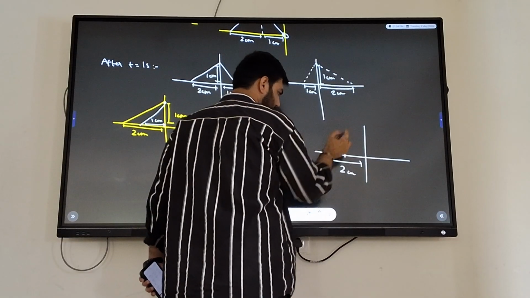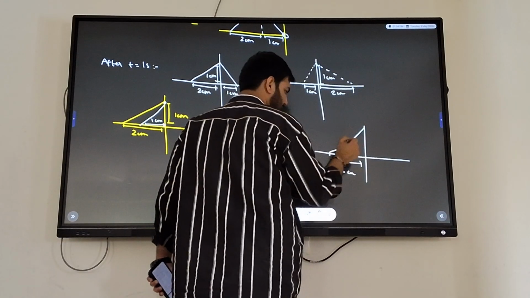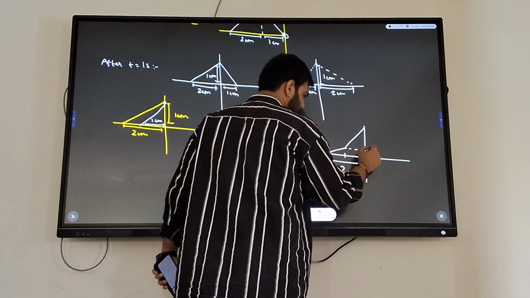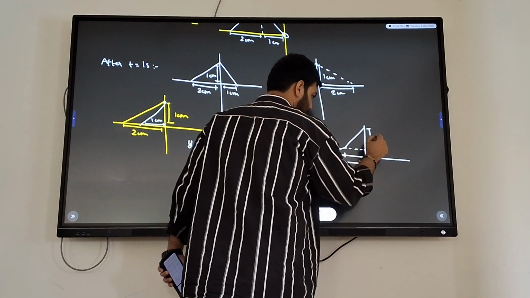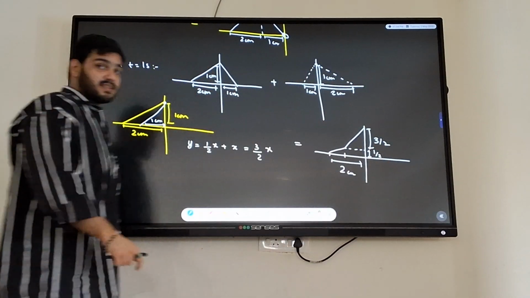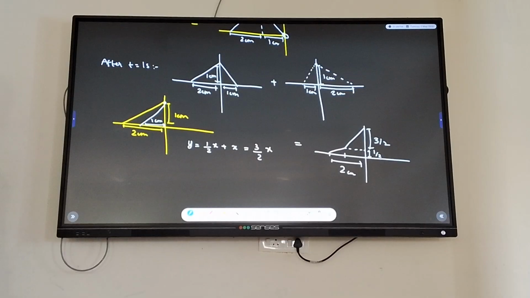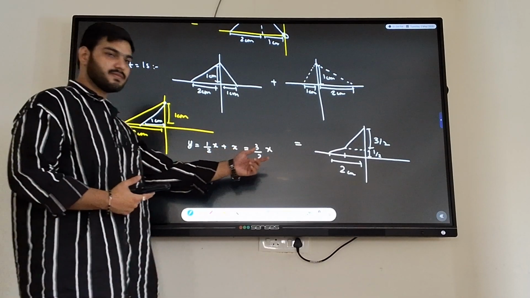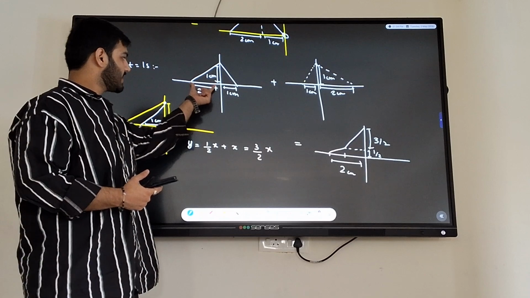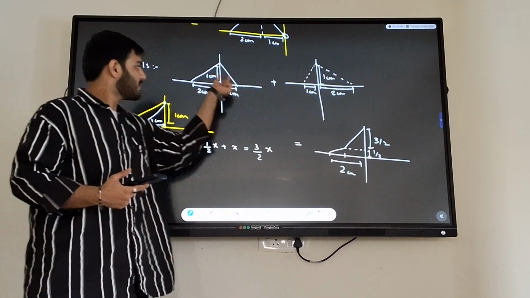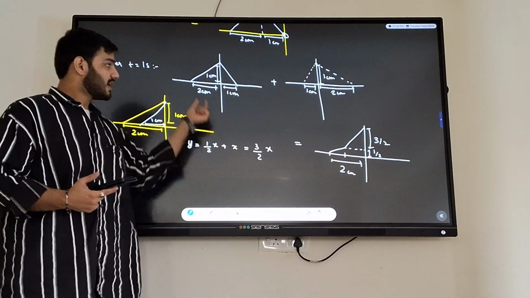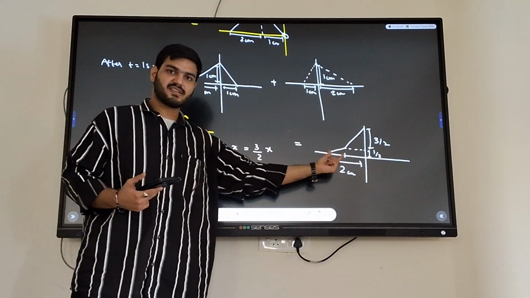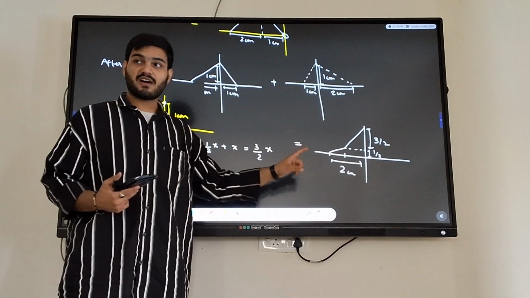Yes, 30 degrees. It should be something like this. This is half, and this is 3/2. And this is how the wave should look. Is it okay? Did you understand how I made it? See, only 2 centimeter, na? Only 1 centimeter part of it was added in this way, and 1 centimeter was as it is. So this is after 1 second.